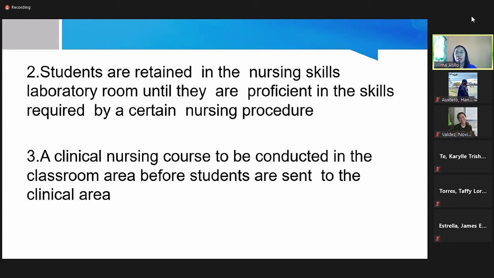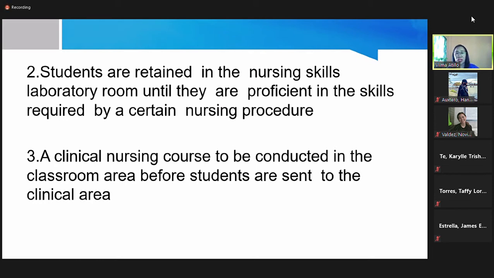Okay? And as I have mentioned, you cannot proceed. If you are on duty now, you cannot proceed if during the skills laboratory in the previous level, you did not pass the standard required by the instructor. Okay?